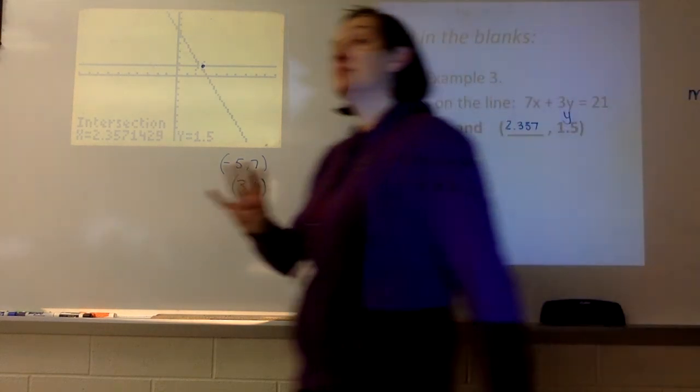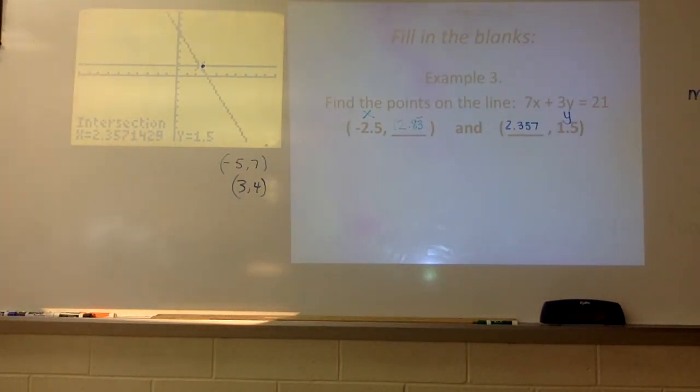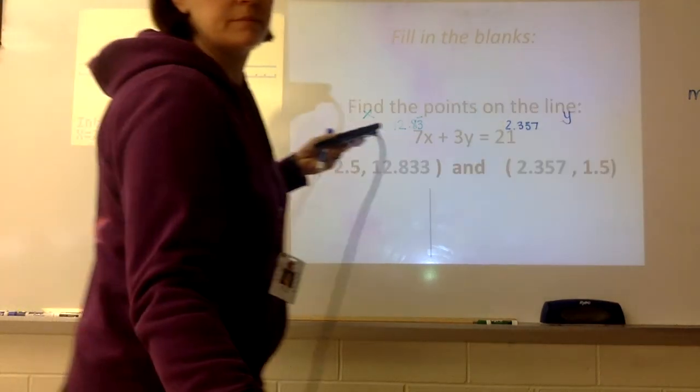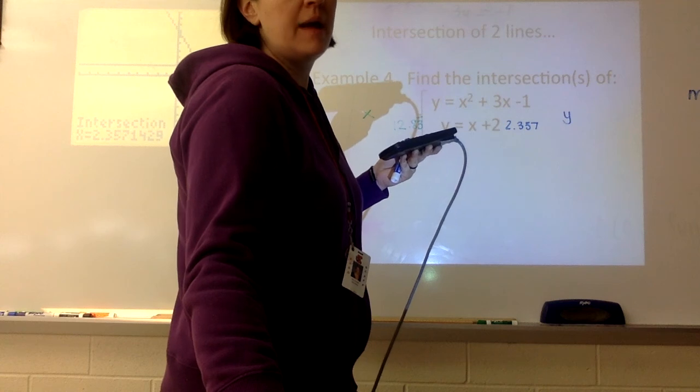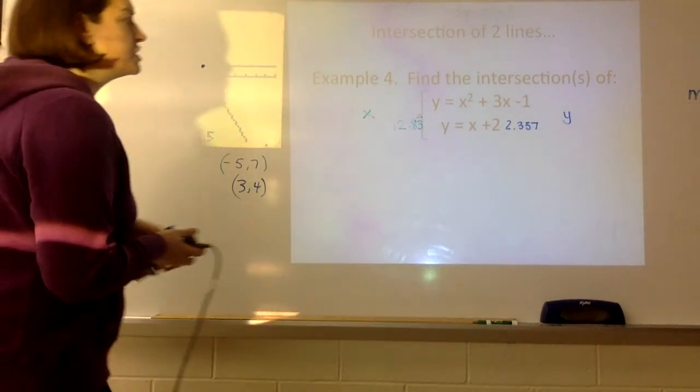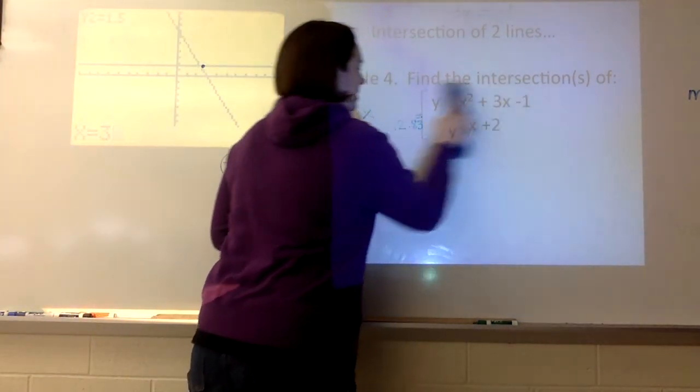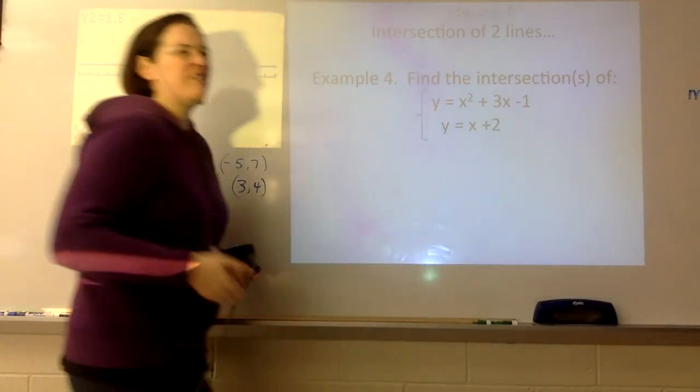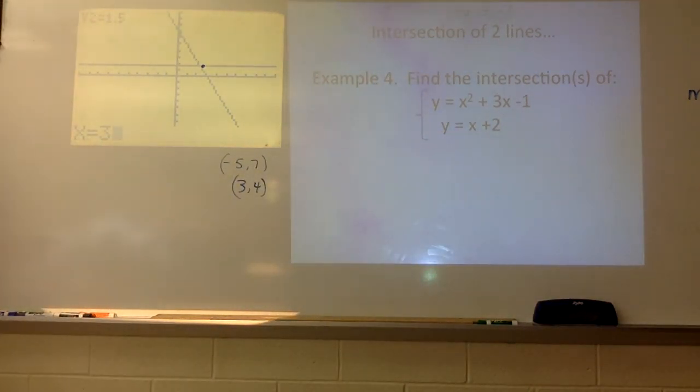All right, we have 4 minutes left for me to show you how to graph in the calculator 4 different functions. First function we want to talk about is finding intersection. Wait, we've already found the intersection. To find the intersection of 2 different shapes, we're going to go into second calculate.